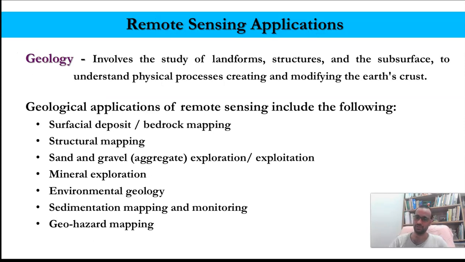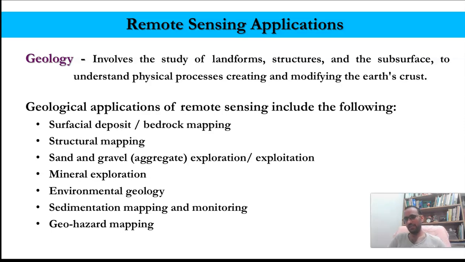Here are the applications where we can use remote sensing or earth observation. Never forget, earth observation and remote sensing represent the same thing. Okay, so in geology applications, they involve the study of landforms, structures, and the subsurface to understand the physical processes creating and modifying the earth crust.